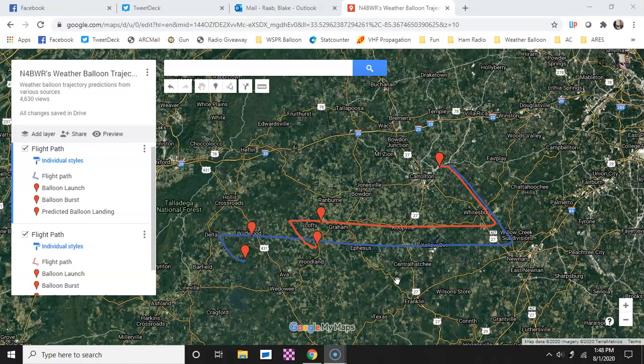This goes back to one of the videos that I made before, kind of explaining balloon trajectories, but I'm going to go over this again since we're about to have a launch, and also some of the ideas that I have. The two trajectories, the differences are the red one is 1,000 feet per minute and the blue one is 800 feet per minute, which, by the way, ideally is what I want to go for to get the maximum altitude that we can.